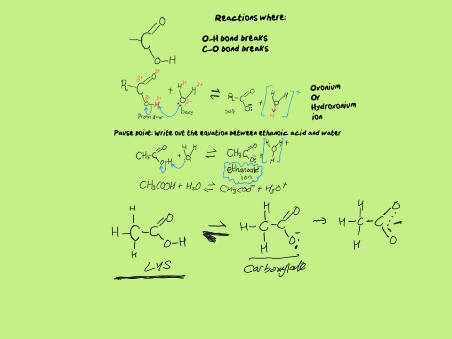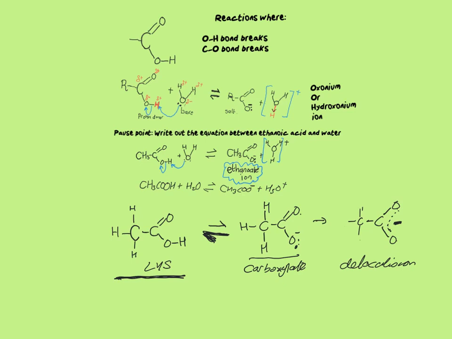The reason why the carboxylate ion can exist is because the negative charge is delocalized between these 2 oxygen atoms. So there's a delocalization of that electron between the 2 oxygen atoms. The strength of the acid can be increased by replacing these hydrogen atoms with more electronegative atoms.